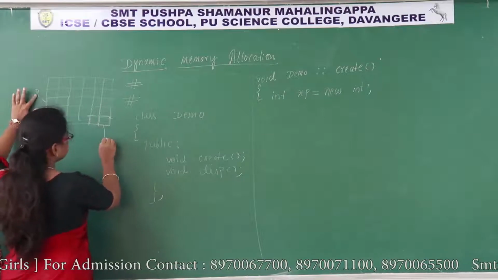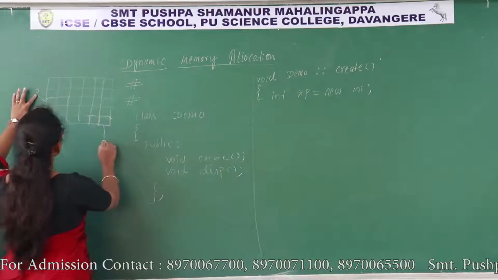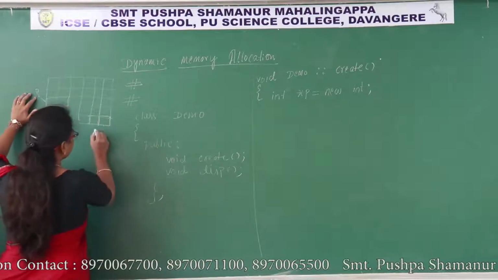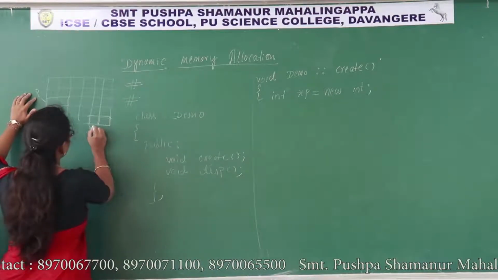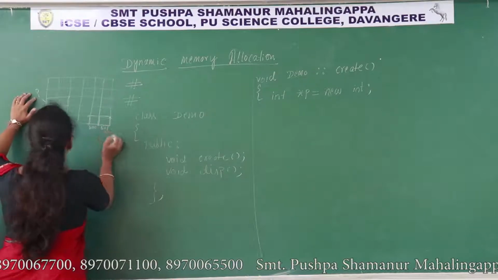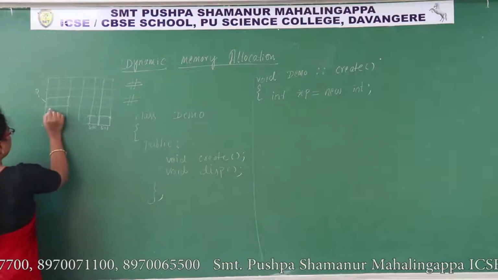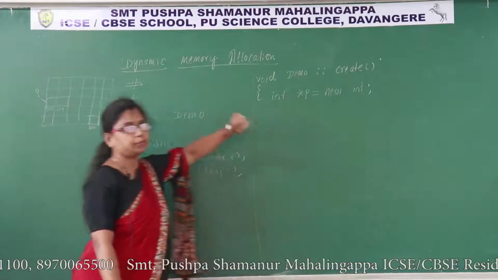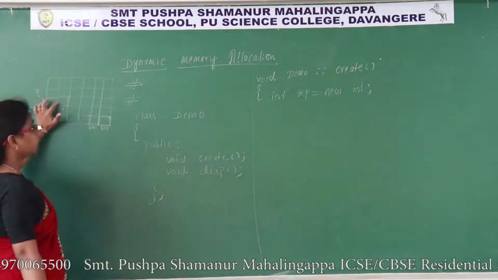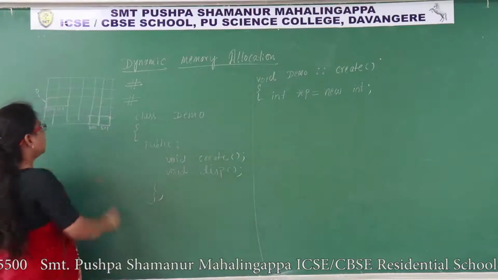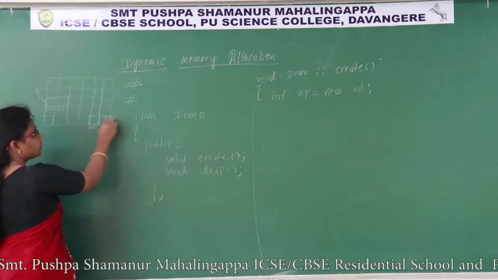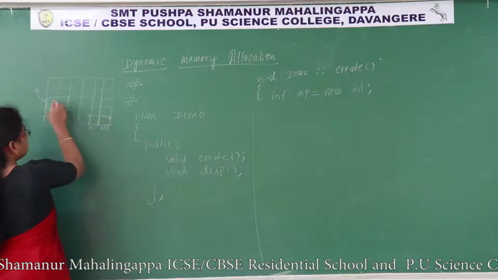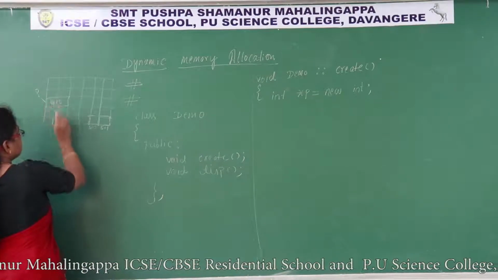It doesn't have any identifier, no? I'll consider the address is 400 and 401. Here I'll take 200 and 201. So int star p, first for p there is a memory, and new int, a new integer memory that is 2 bytes, it doesn't have any identifier, and its address will be stored in this pointer.